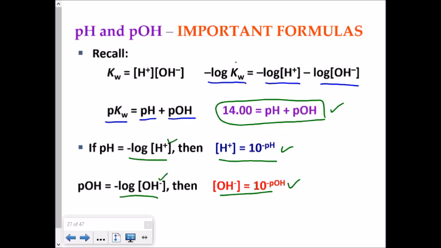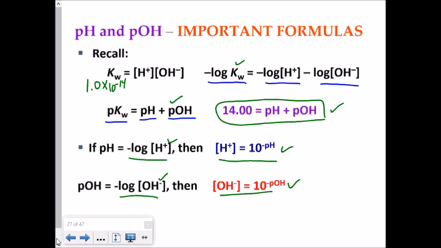Basically, this one and this one are virtually the same thing. Okay, and the Kw one, once again, you just have to remember that Kw is the 1.0 times 10 to the minus 14 value, so you can use that formula at any time. Lots of stuff, yes, but not hard, just have to apply.